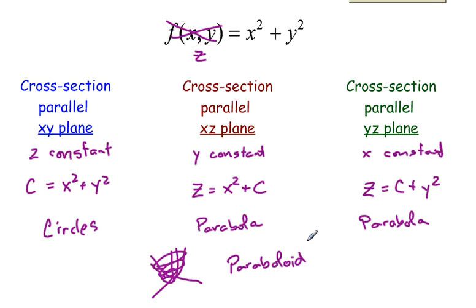This is not the best drawing of it, but if you go in your book on page 514, you'll see an excellent drawing of a paraboloid, and you'll see that everything parallel to the xy plane, our cross sections are circles, and everything parallel to the other planes, you get these parabolas, and so you get kind of this bowl shape, but it's like an eternal bowl that opens up forever.